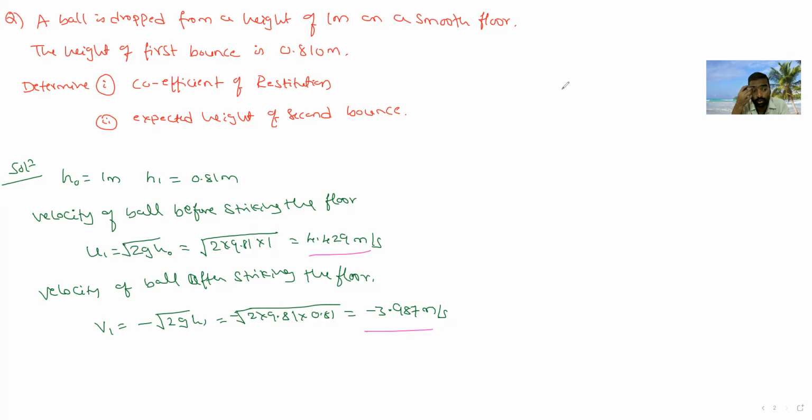Then you know U1 and V1 of the ball. What is the second material? The floor. Whether the floor is moving before striking and after striking? No, it will be zero.